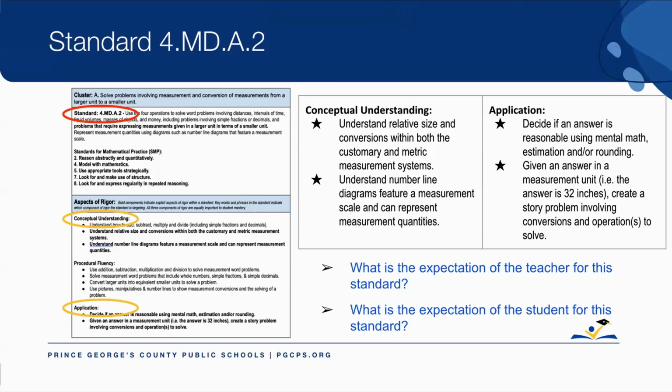Understand number line diagrams feature a measurement scale and can represent measurement quantities. The application. Decide if an answer is reasonable using mental math, estimation, and/or rounding. Given an answer in a measurement unit, i.e., the answer is 32 inches, create a story problem involving conversions and operations to solve.